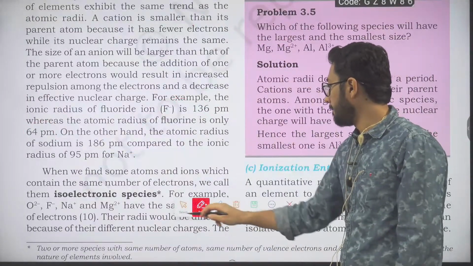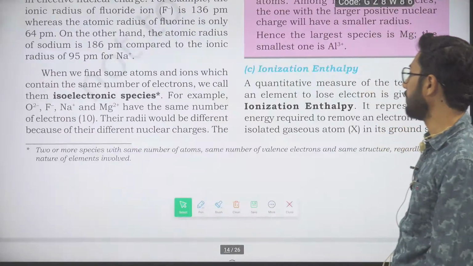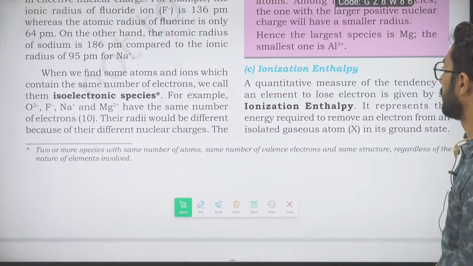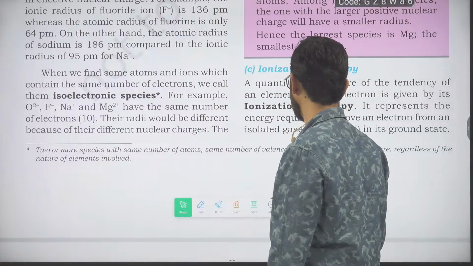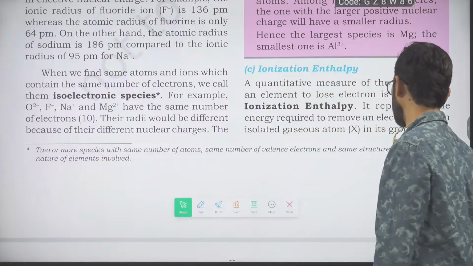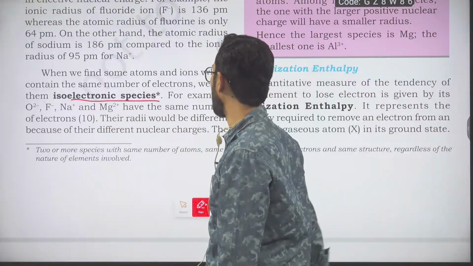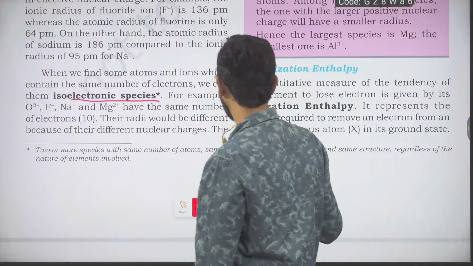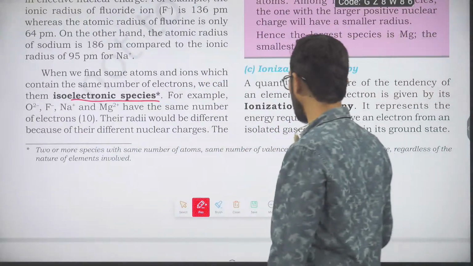Clear? Then we find some atoms, isoelectronic species, where the same number of electrons are there. That is the meaning of isoelectronic species along with other terms given here.